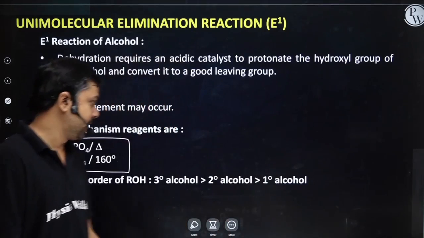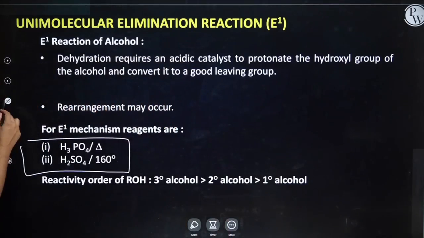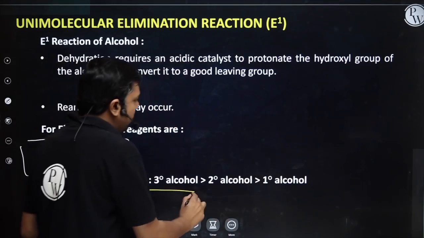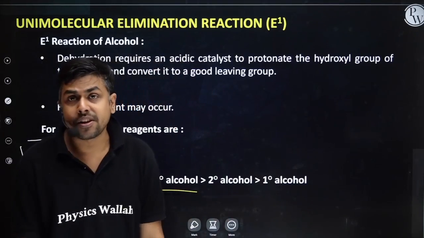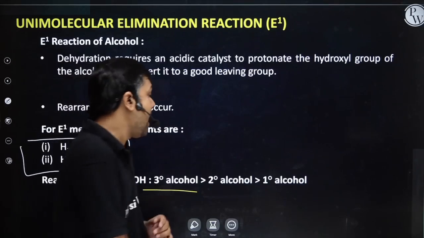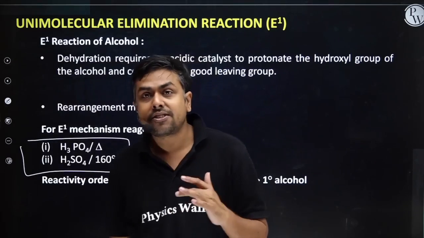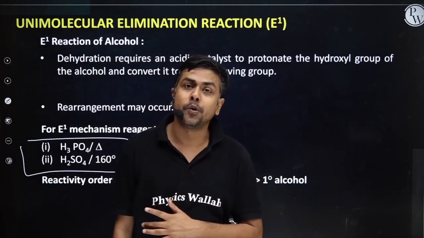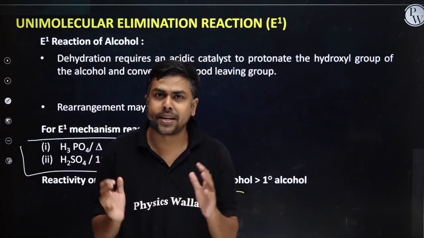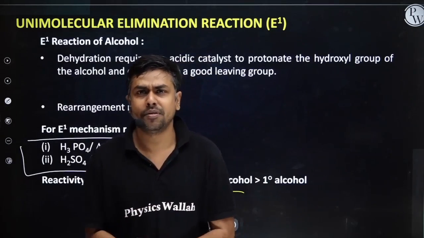Am I clear? If I talk about the reactivity, 3 degree alcohol will give a faster E1 as compared to 2 degree, and 2 degree will give a faster E1 reaction as compared to a primary one. Am I clear, student? Let's move ahead.